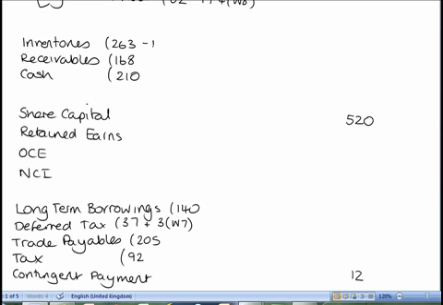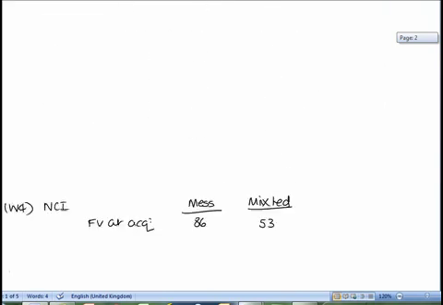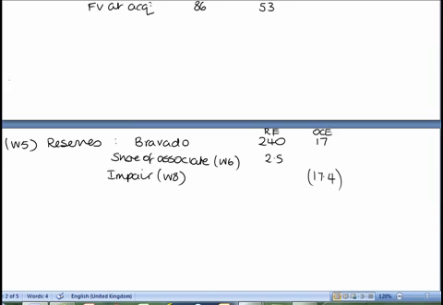So I'm going to take 1.8 million off inventories. That's from working number 9. And 1.8 million off the profits from working number 9.